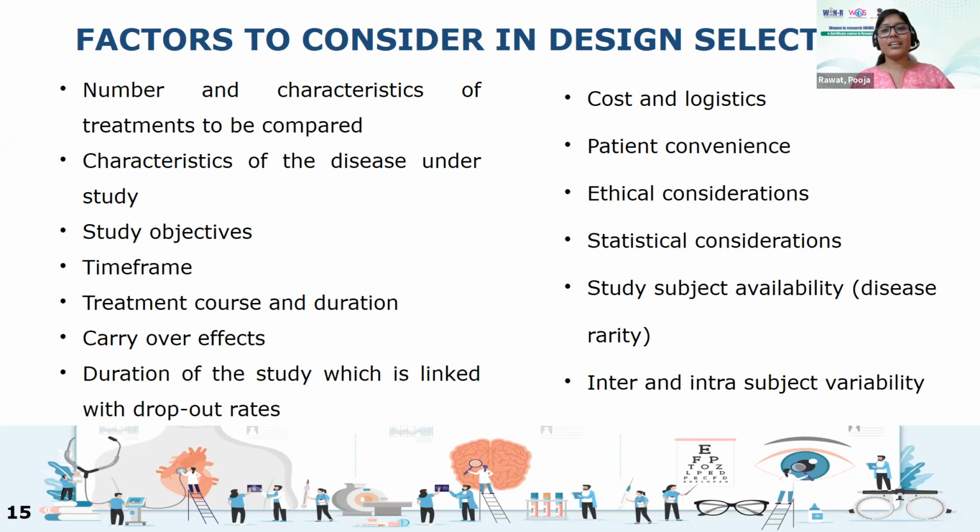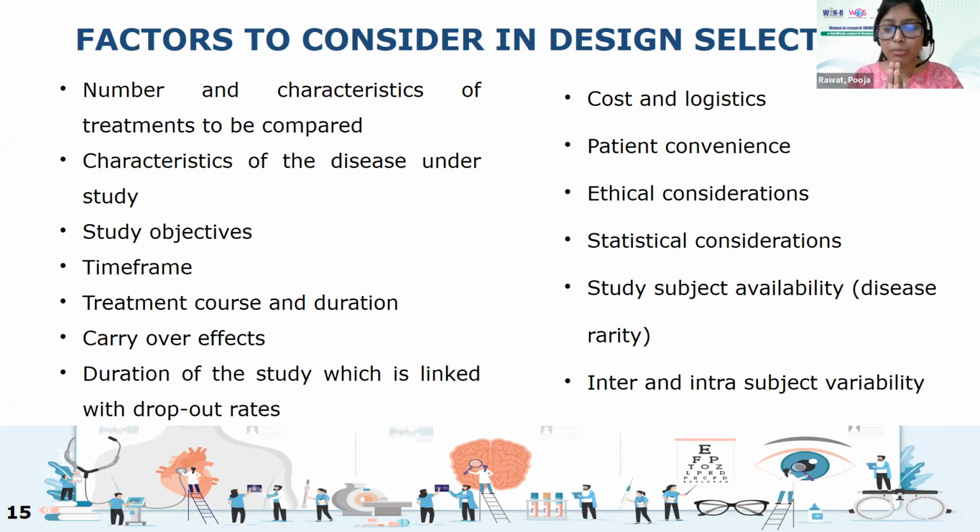So while designing a trial, or a research study, what are the factors which you need to keep in mind? The number and characterization of treatments to be compared. The characterization of the disease under study. The study objectives, this matters, on which phase you are doing and what your objective is.